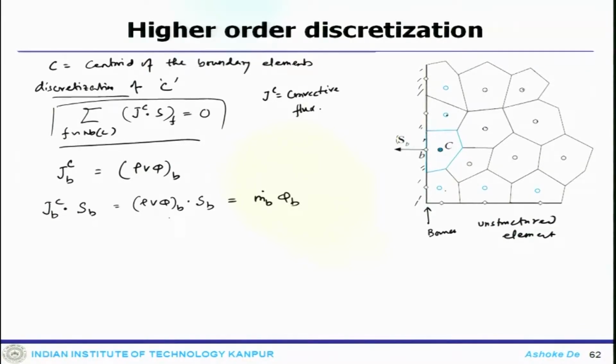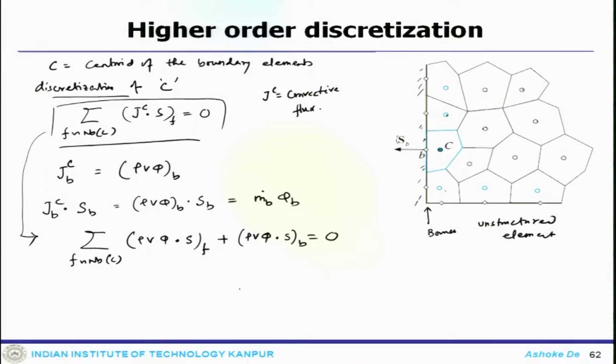Now, if you implement this in this discretized system, this will become the surface integration of rho V phi dot S at faces plus rho V phi dot S at B equals to 0, where F refers to, maybe one can say this is F1, all the interior faces.